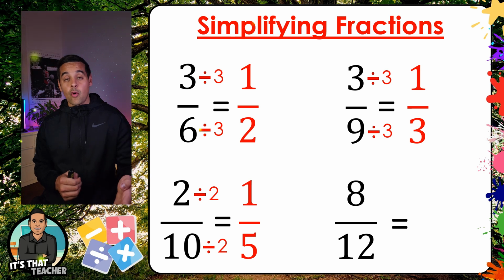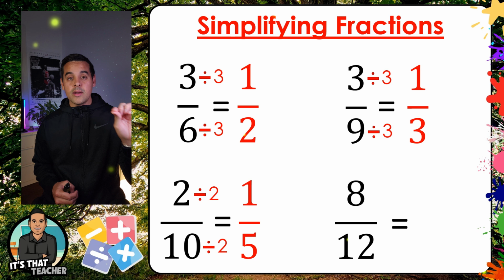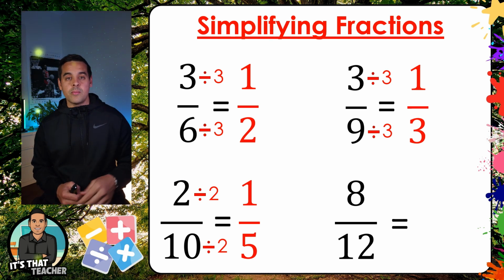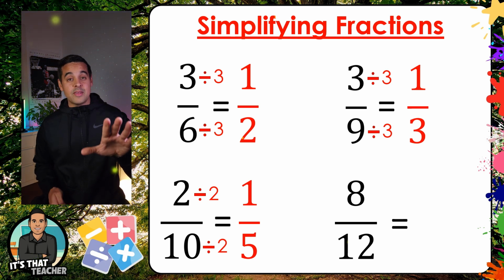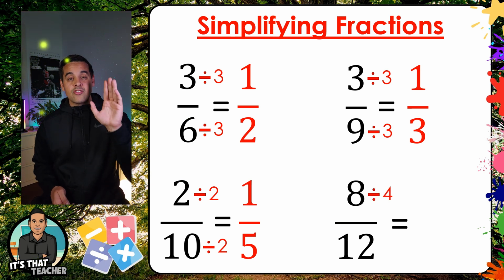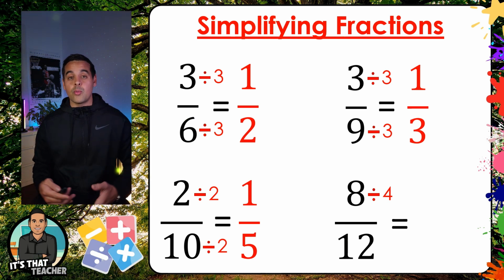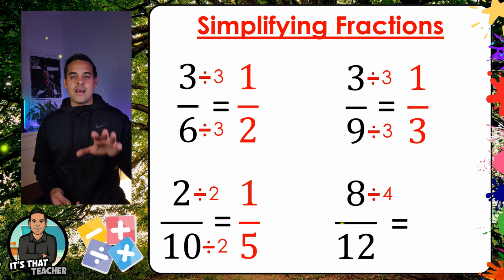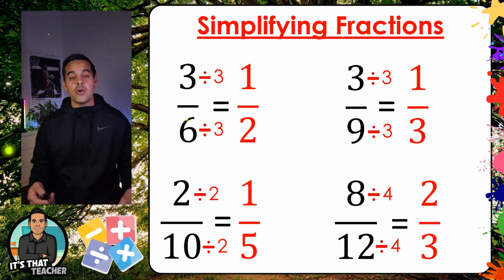Let's try 4, because the factors of 8 are 1, 2, 4, and 8, and the factors of 12 are 1, 2, 3, 4, 6, 12. So both numbers can be divided by 4, okay? So that is the highest common factor of both numbers. So we're going to use that to divide our fraction. 8 divided by 4 and 12 divided by 4 would give you 2/3.